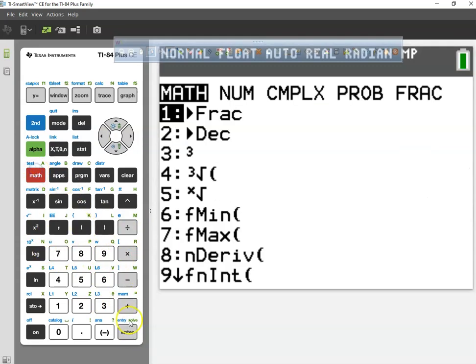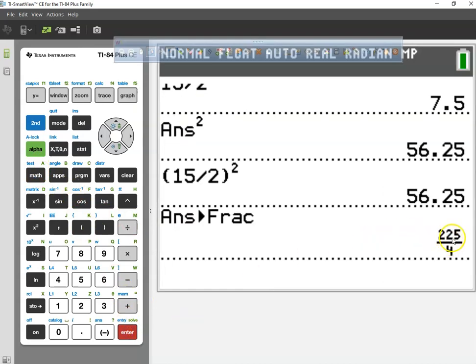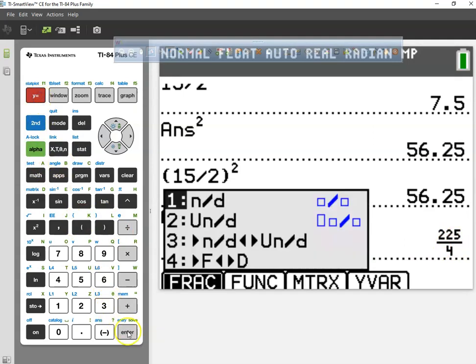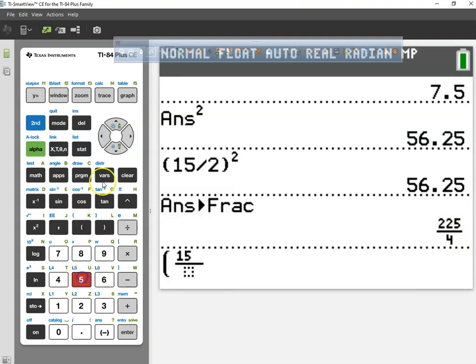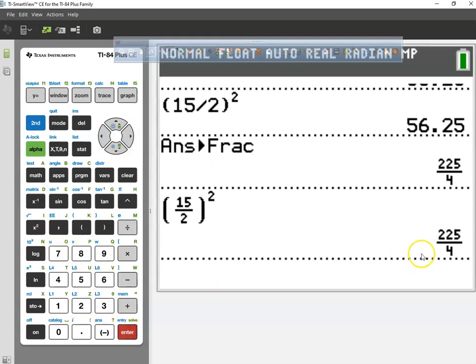Now, if I hit the math button, press enter twice, this is how I got the 225 over 4. And some of you like to do it an even longer way, which is alpha y equals enter, because you just like to see those fraction bars, and that makes you super happy. So either way, we get the same numbers, okay?